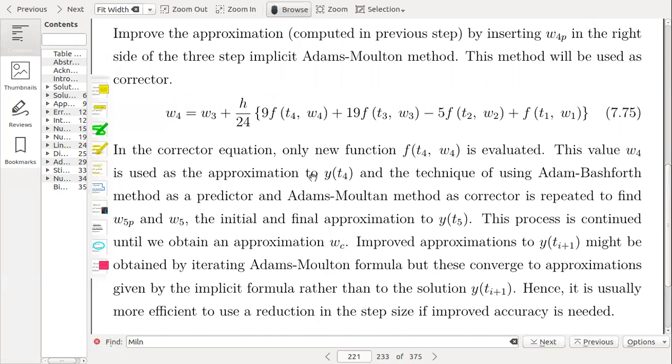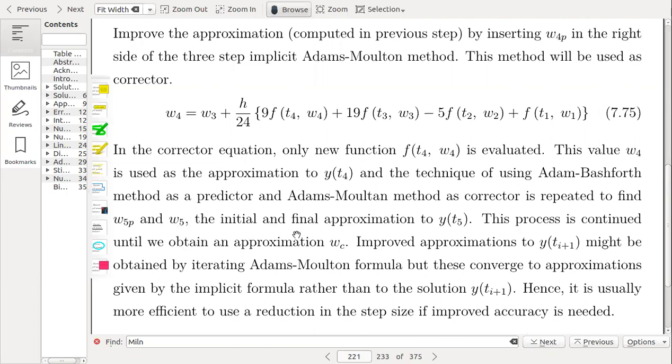This value W4 is used as the approximation to y at T4 or y at X4. And the technique of using Adams-Bashforth method as a predictor and Adams-Moulton method as corrector is repeated to find the next value, which is W5P and W5.